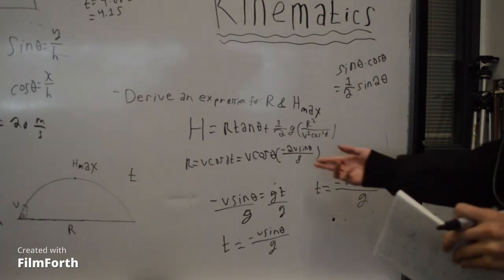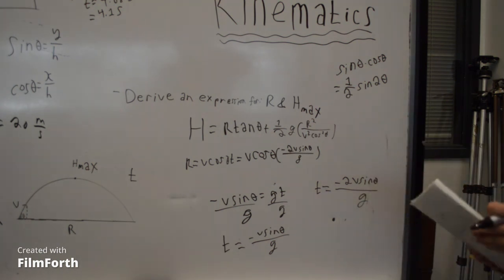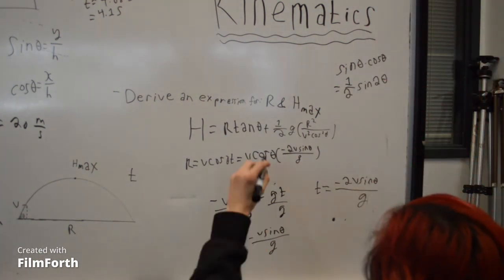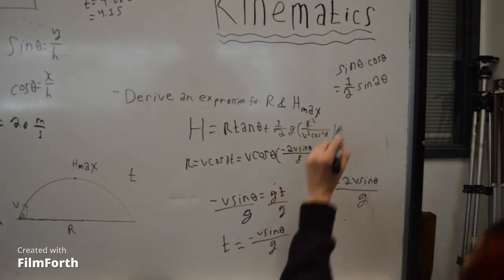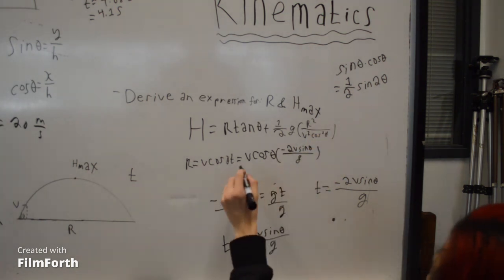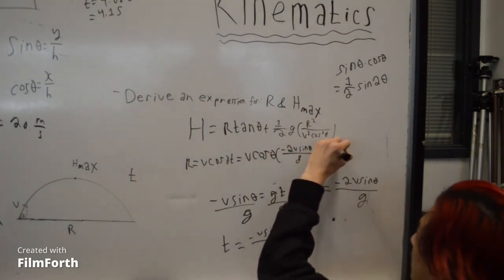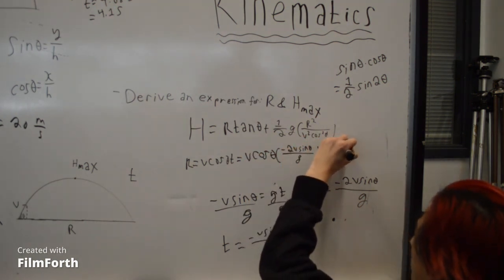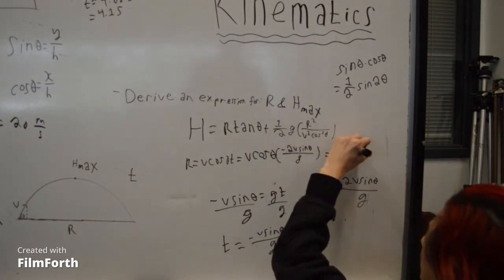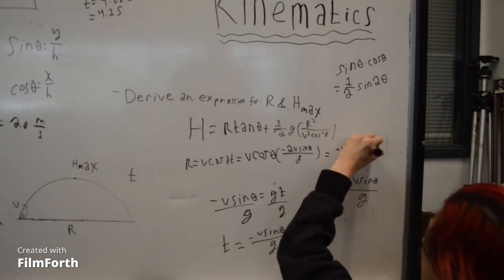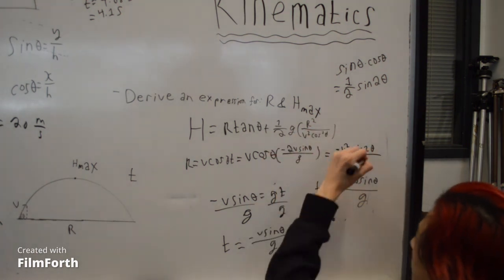However, because we have sine theta and cos theta here, that's our actual expression. So, knowing that, we get half sine 2 theta, but then there's a 2 here, so the 2's will cancel out. Therefore, our answer will be negative v squared, because there are two v's, v times v equals v squared, negative v squared sine 2 theta, all divided by g.